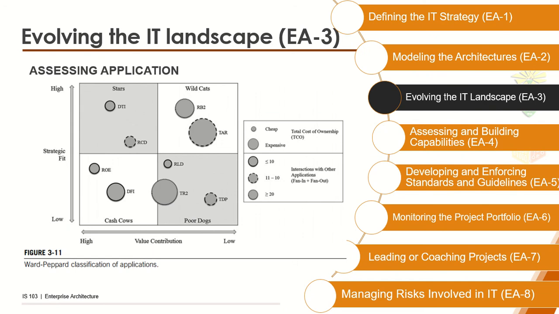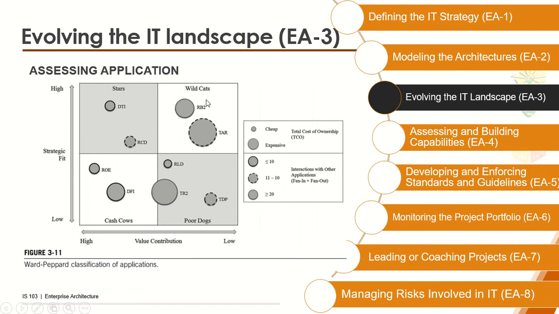The company banks on them as key differentiators in comparison to their competitors. So they are important for the future business, which is expected to grow. Furthermore, the applications in the star quadrant fit well into the technology roadmap.